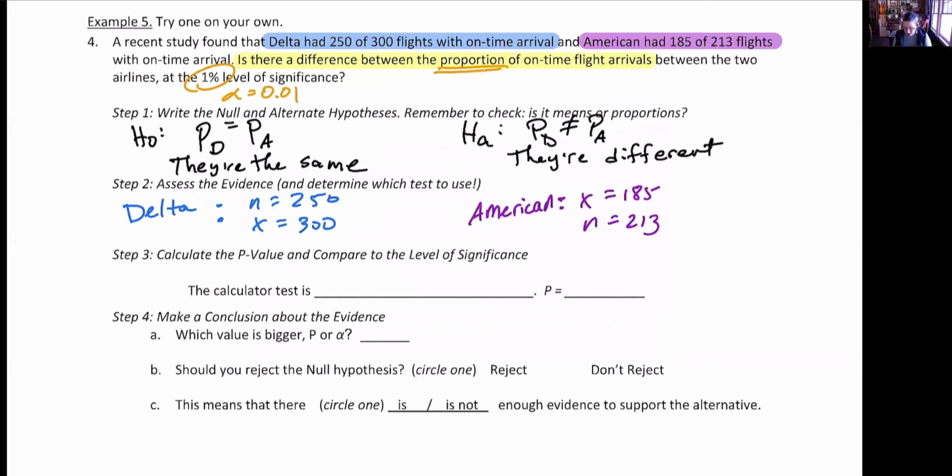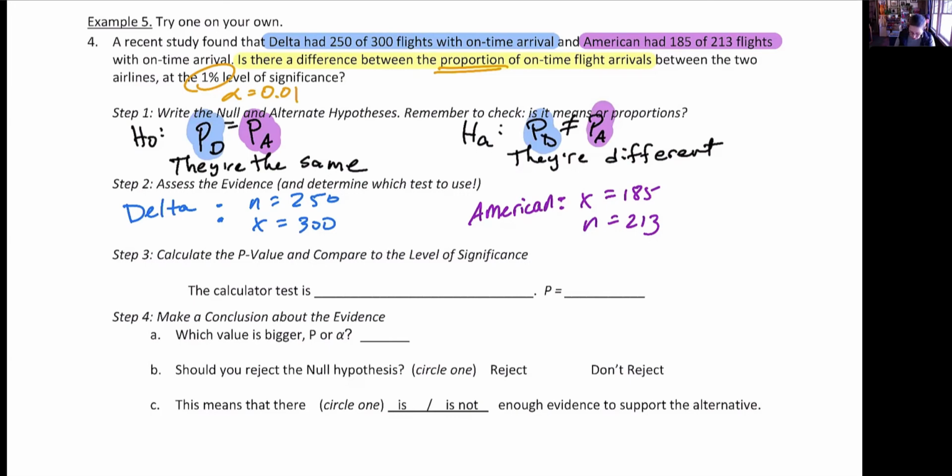Okay, but let's go over example 5. We're comparing Delta with 250 of 300 flights on time, and American with 185 of 213 flights on time. The null hypothesis is that the on-time arrival of the two airlines is the same, where PD means Delta and PA is American. See how I'm color coding it to help keep me straight, because I have to make sure to put this in the calculator the same.